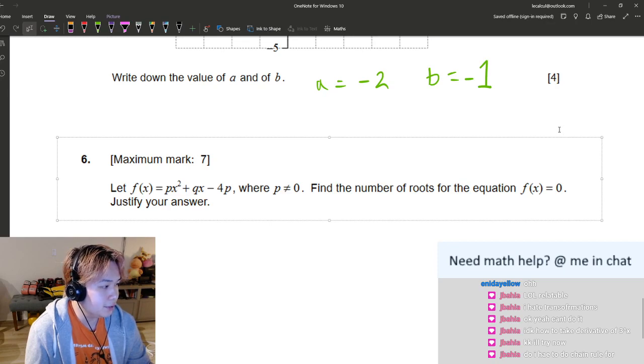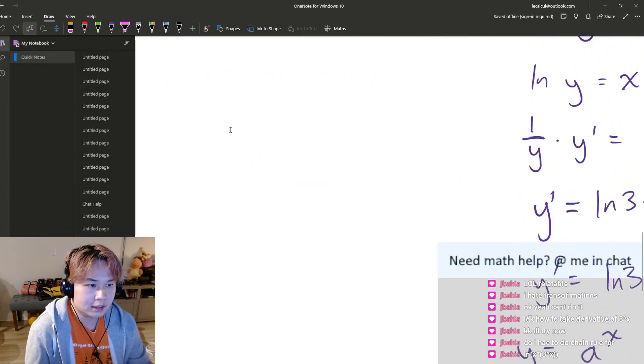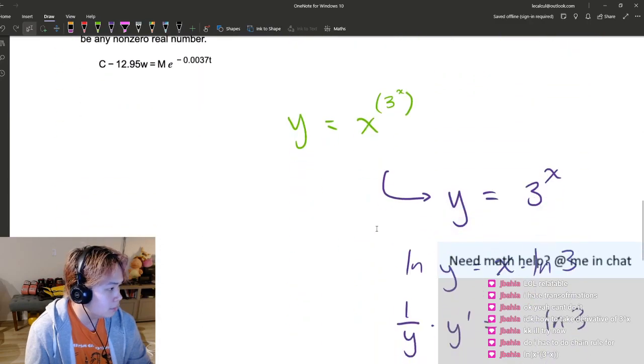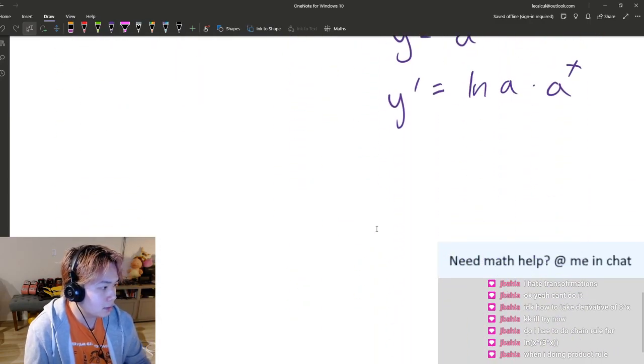Do I have to do chain rule for this? Well, when you take the natural log, you bring down the exponent.